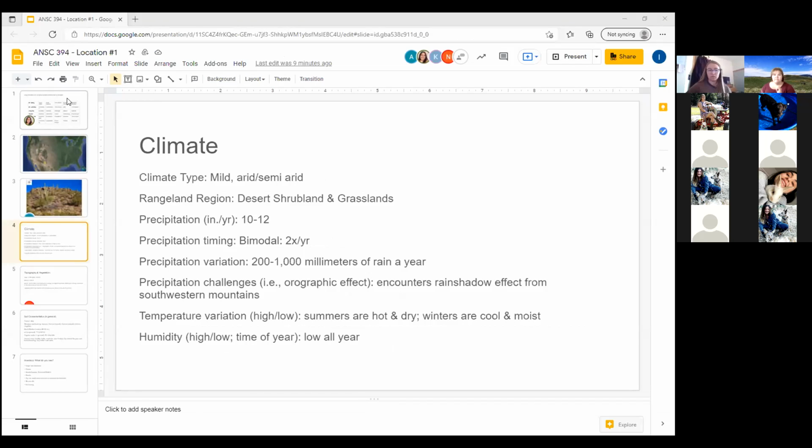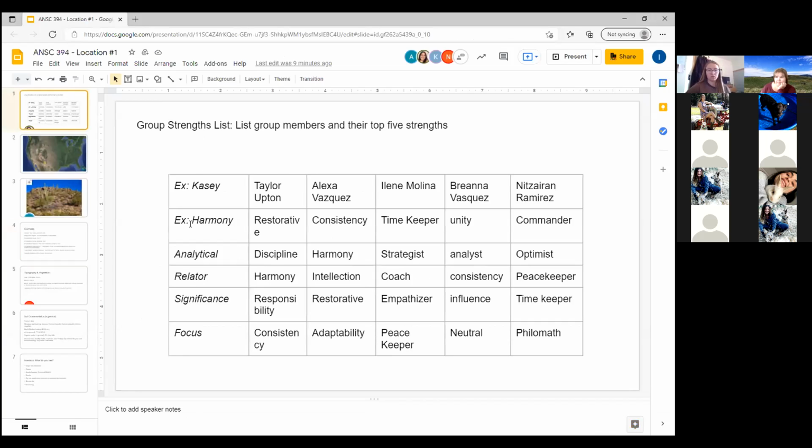Okay, can everybody see the slide? Yep. Okay, so we're group 1, and I'm Eileen, and my 5 strengths are timekeeper, strategist, coach, empathizer, and peacekeeper. My name is Taylor, and my strengths were restorative, discipline, harmony, responsibility, and consistency.